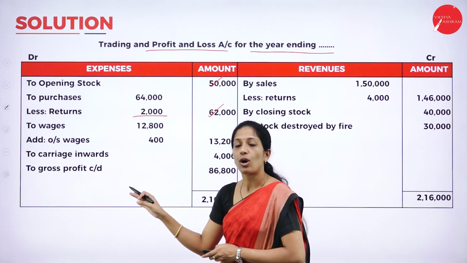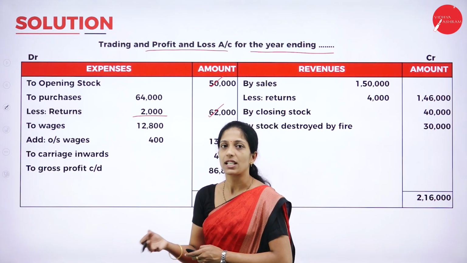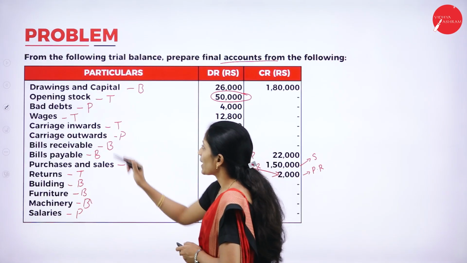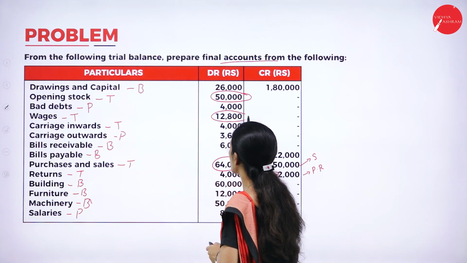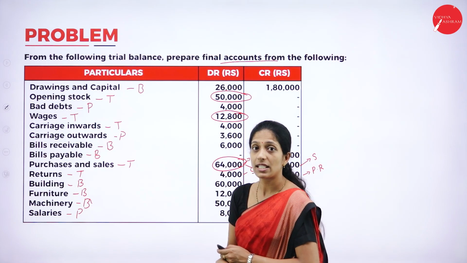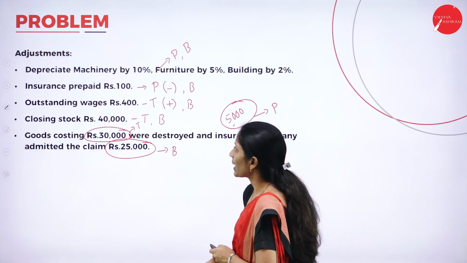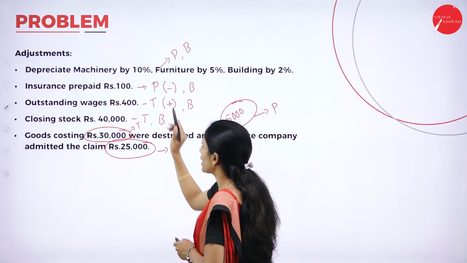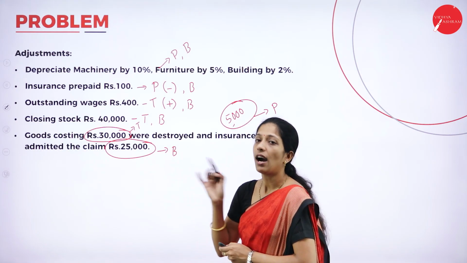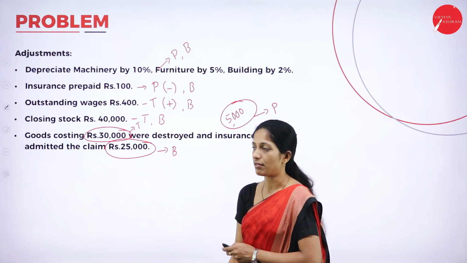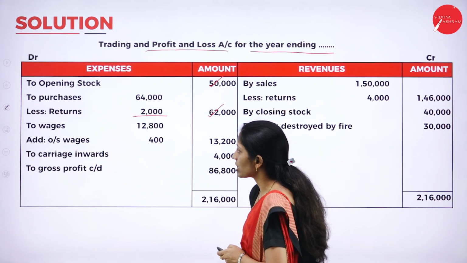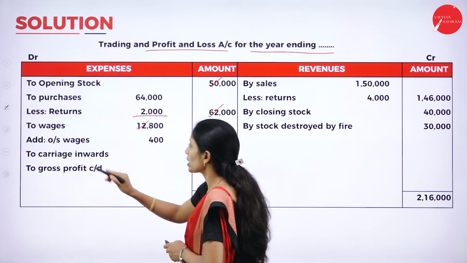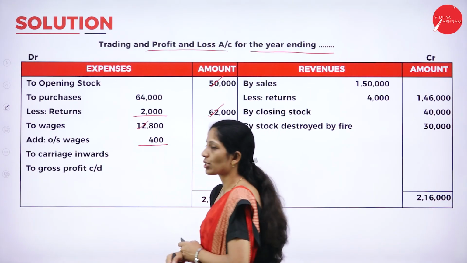Next, you have to record all the direct expenses. Which are the direct expenses? Yes, we have wages, 12,800. But is there any adjustment relating to wages? Yes, we have outstanding wages. So, to wages 12,800, add outstanding wages 400.